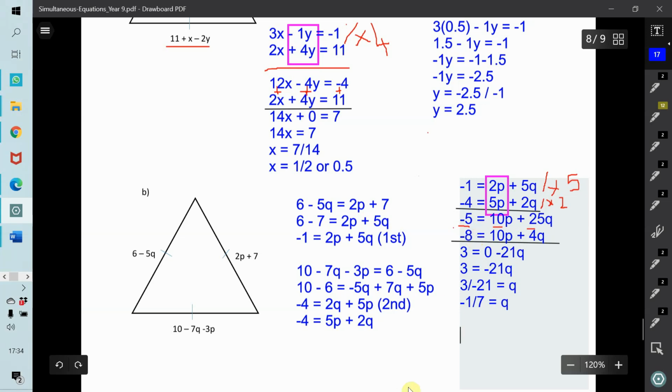Now, I found q. Let me choose one of them, and let me find p. Minus 1 equals 2p plus, instead of 5q, multiplied by minus 1 all over 7. So minus 1 equals 2p. This is going to be a minus, and 5 times 1 all over 7 is 5 all over 7.